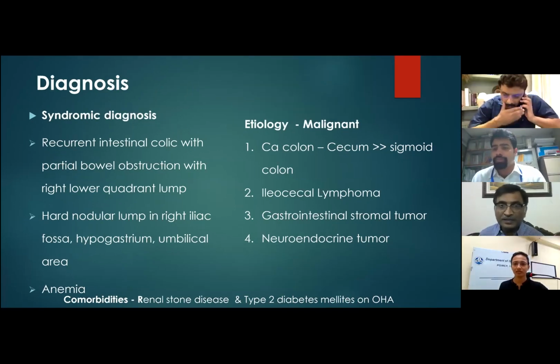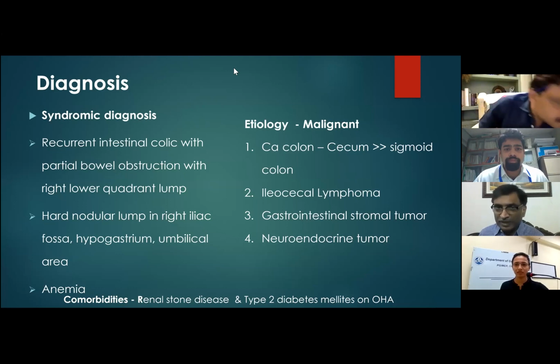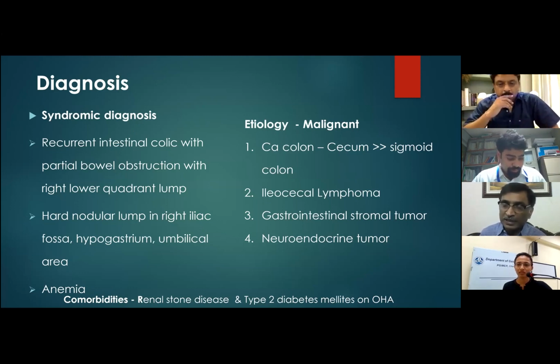Before we go to that, there is an interesting question coming from the audience. Dr. Jayanti wants to know the intrinsic mobility and plane of the mass. The plane of the mass we are going to discuss later on. But she wants to know about the intrinsic mobility of the lump and also about the local gurgle, because many physicians, in case of bowel obstruction, are always interested in gurgle.